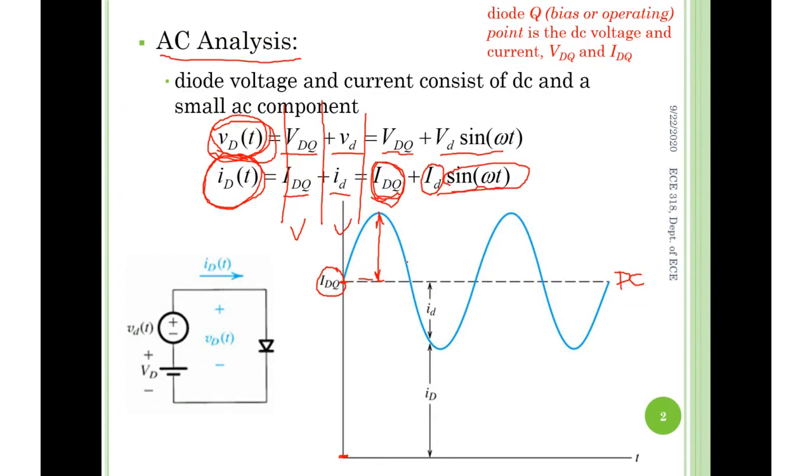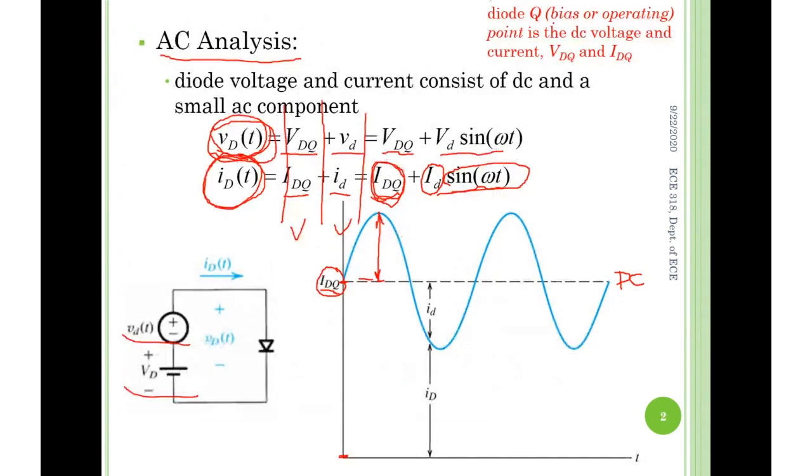From this blue curve you can tell the average is at I sub DQ, which is not zero, so it contains the DC result. Meanwhile, there's a sinusoidal, which is the result of the AC. It's not surprising that we see both, since we have both DC and AC sources. That's why the result is the superposition of the two. So this is, again, the bottom line idea about DC and AC analysis.